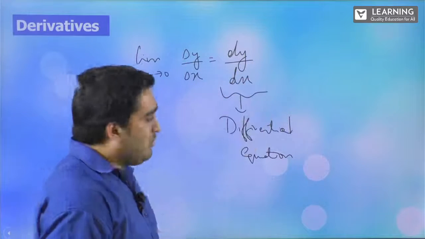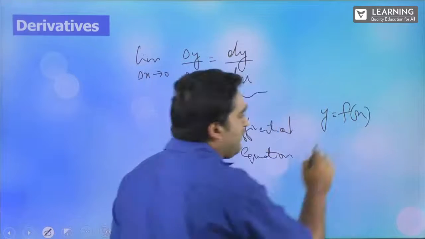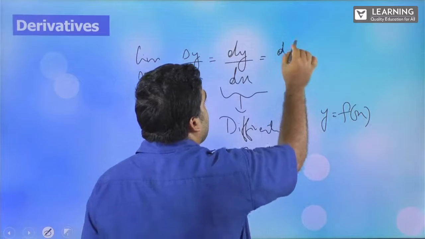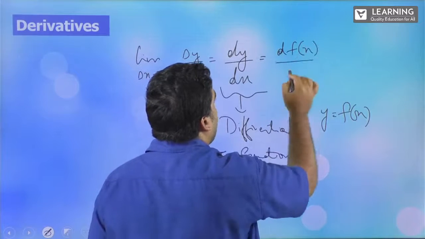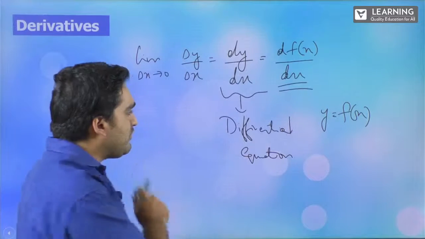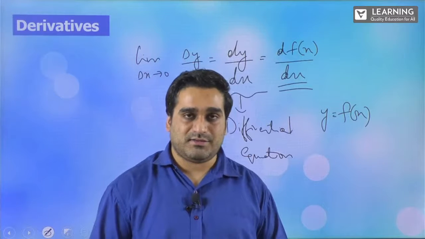Now, as we know, y can be defined as f of x, which means I can rewrite this as d of f of x by dx. So make a note of this and what a differential equation is.